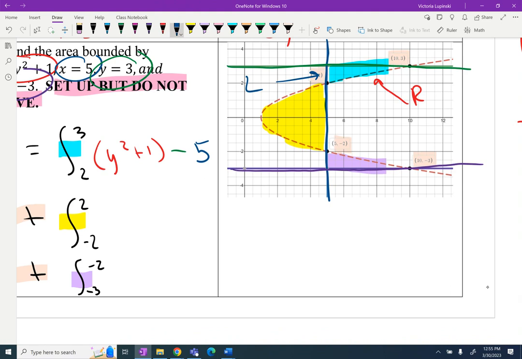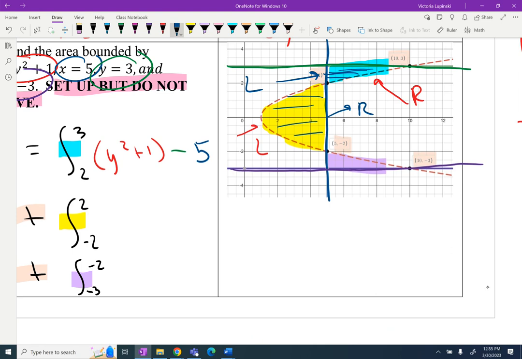But again, if you draw horizontal lines, wherever you start is the right curve, wherever you end is the left curve. That's how you can know for sure. All right, look at in the middle. In the middle, here are my horizontal lines. When I draw my horizontal lines, this is the right curve, and this is the left curve. So it's swapped.